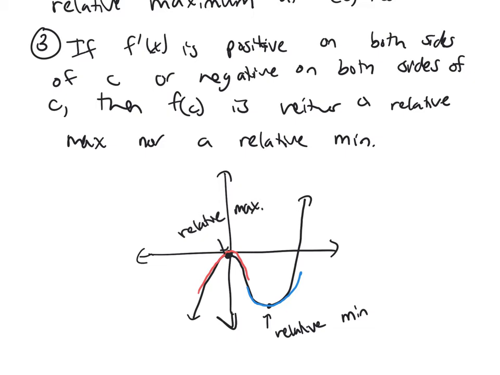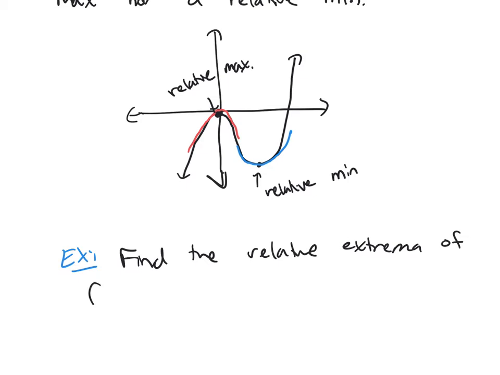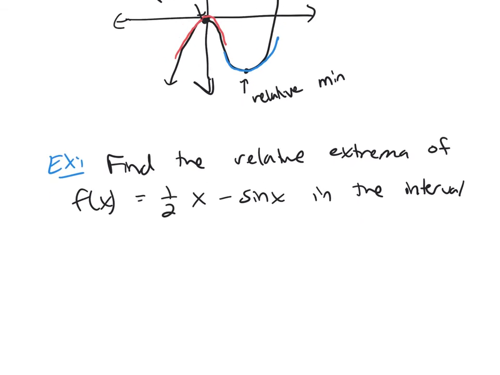All right, so now that we have that, let's see if we can look at a problem here where we're trying to find the relative maxes and mins. Find the relative extrema of my function 1/2 x minus sine x in the interval 0 to 2 pi.